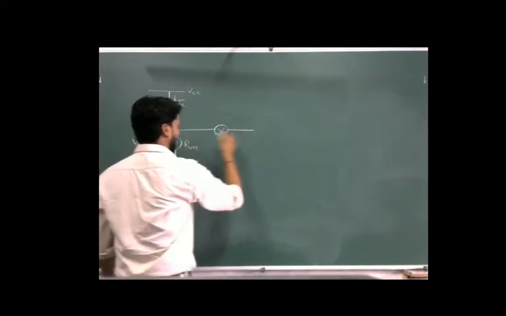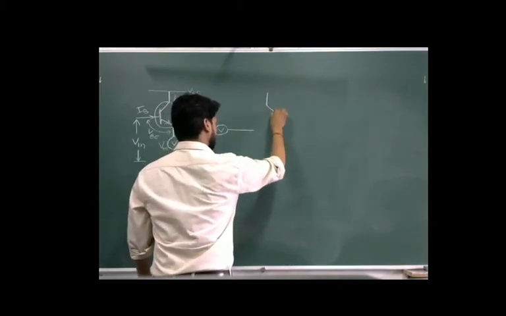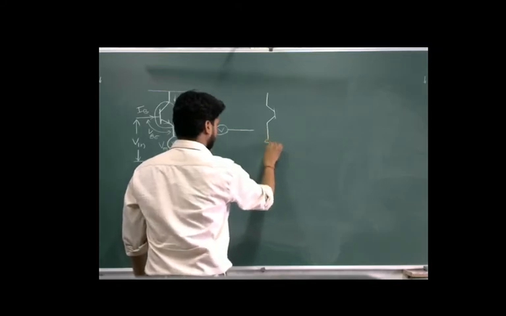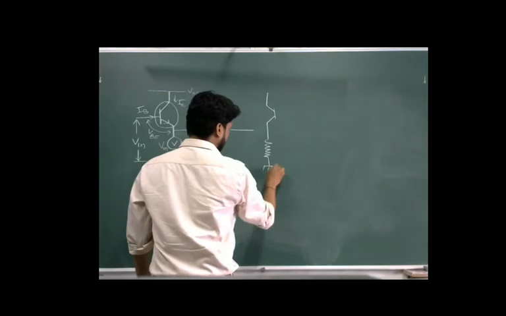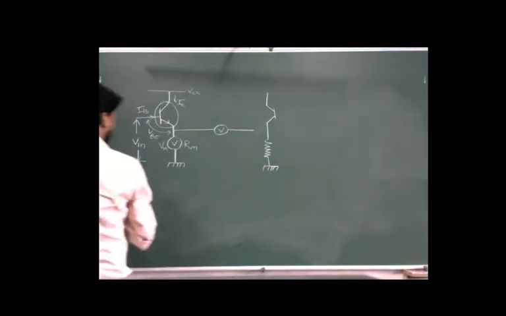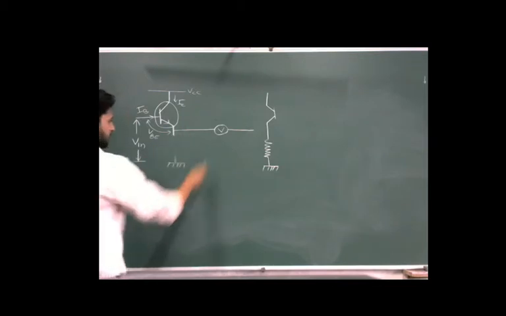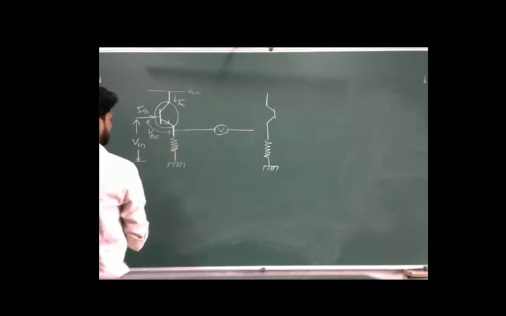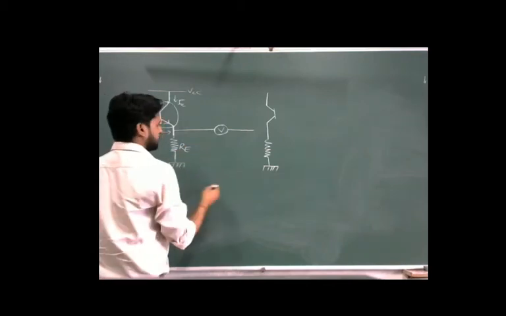another identical emitter follower circuit to produce a negative voltage of the base emitter voltage. The voltmeter is connected from here to here, and a resistance Re is connected here.